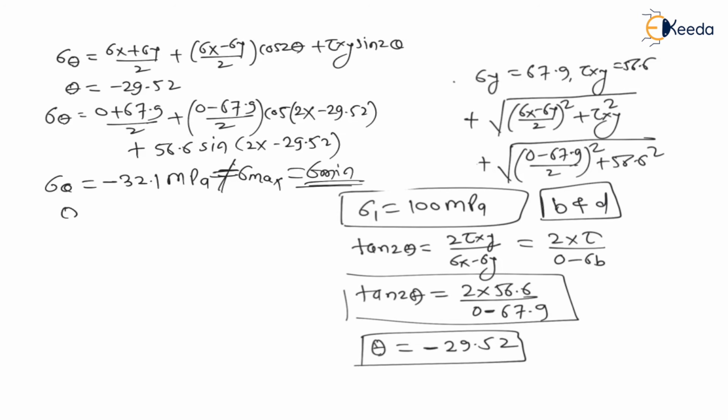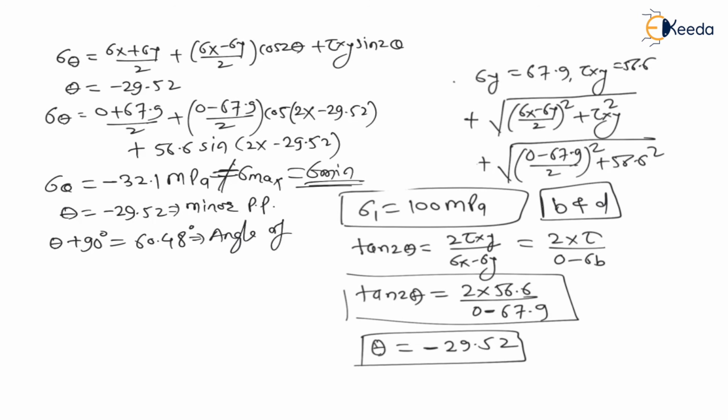Therefore, this theta is equal to minus 29.52 is the angle of the minor principal plane, and the major principal plane will be perpendicular to the minor principal plane. Therefore theta plus 90 degree, which is nothing but 60.48 degree, is the angle of the major principal plane, on which sigma maximum is acting, on which maximum normal stress is acting, right?